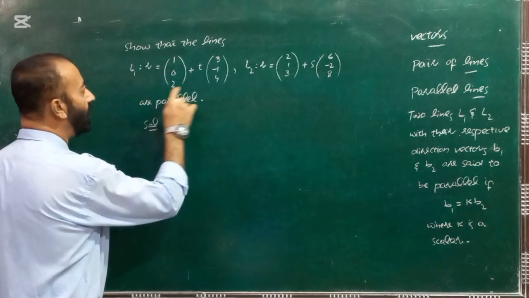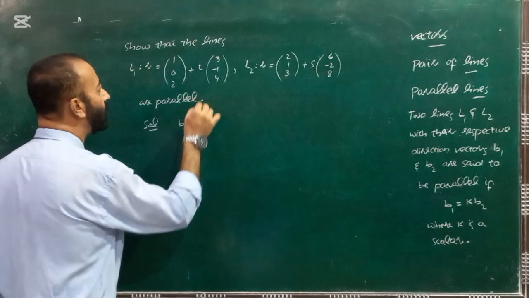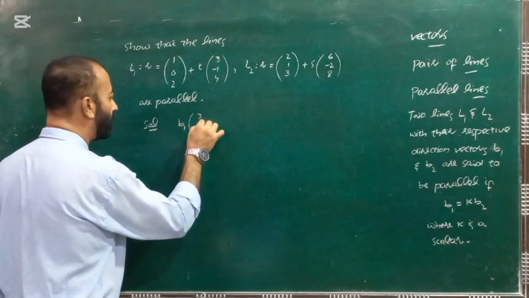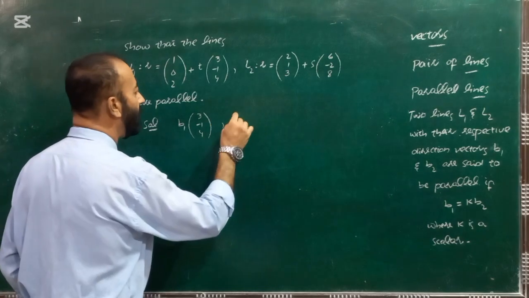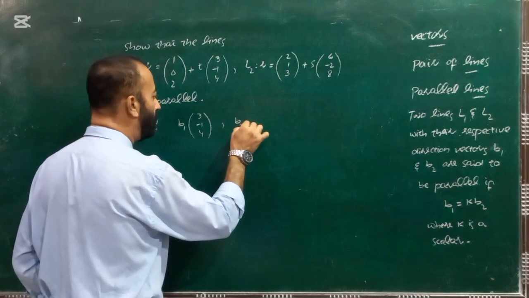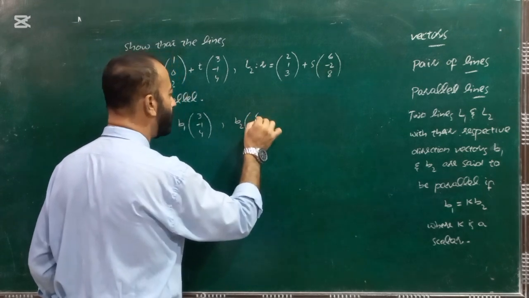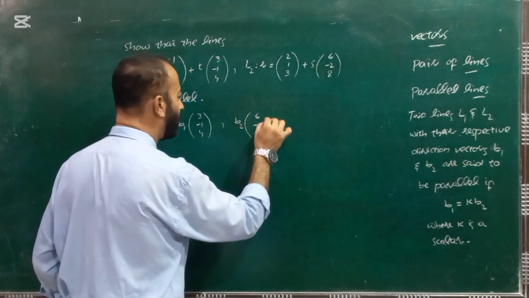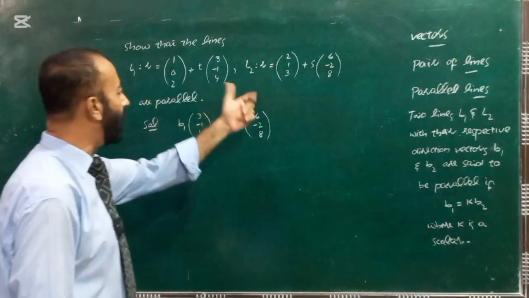For L1, the direction vector B1 is (3, -1, 4). And for L2, the direction vector B2 is (6, -2, 8). So these are the direction vectors of the two lines.